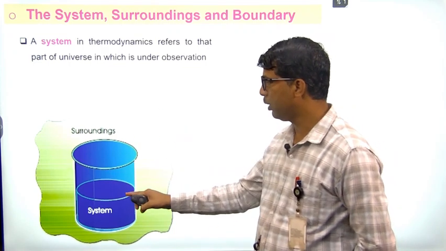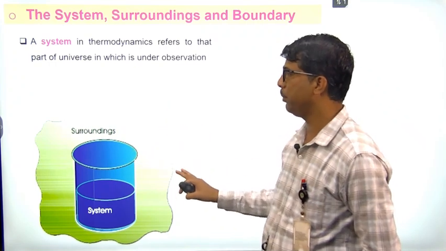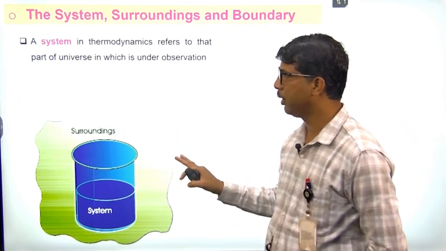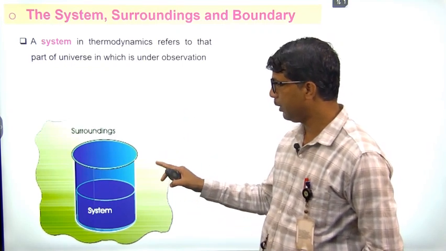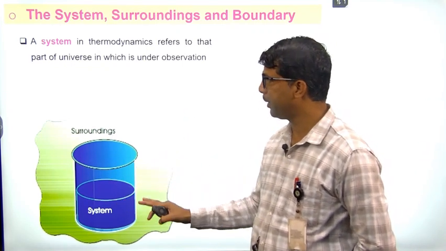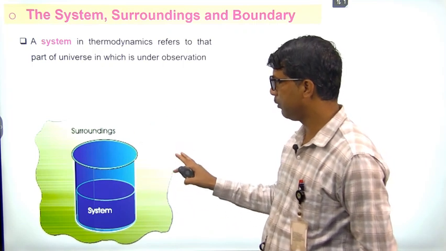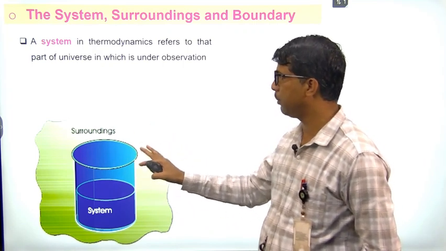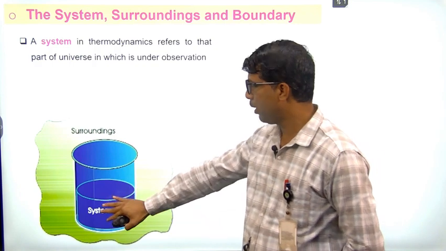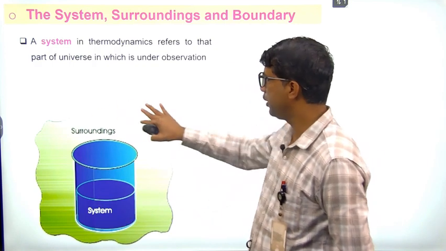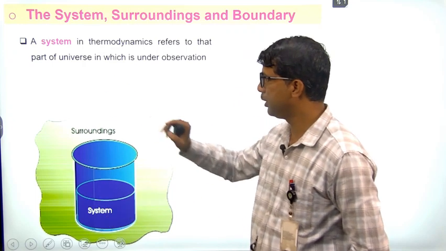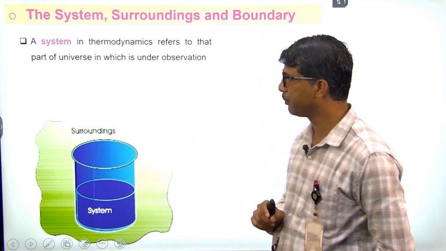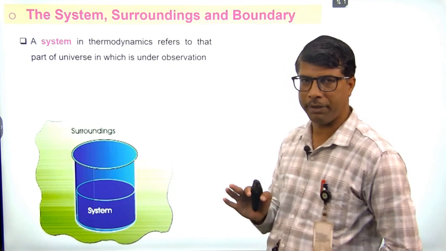So this water is a part of this space, and this space in terms of thermodynamics is called the universe. The water is one of the integral parts of this universe, and this part of the universe is known as a system in thermodynamics. From this we can easily define the system.